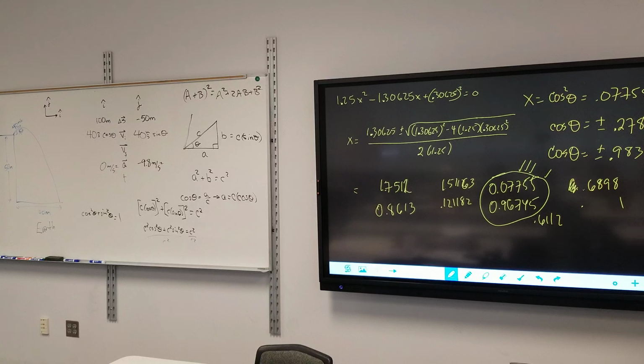All right. So right here we have 4 potential solutions for cosine of theta. But when we solve for theta, recognize that there are 2 angles that will give me positive, 2 angles for which cosine of theta gives me positive 0.27847, 2 angles that give me a negative 0.27847.